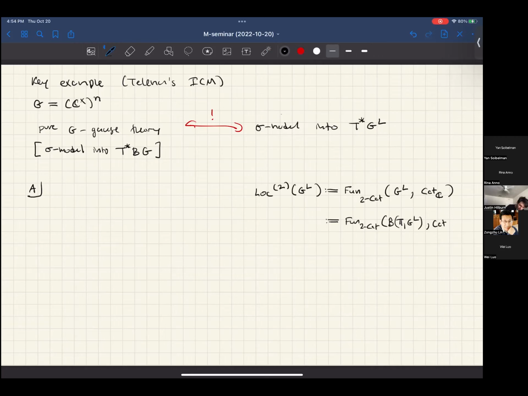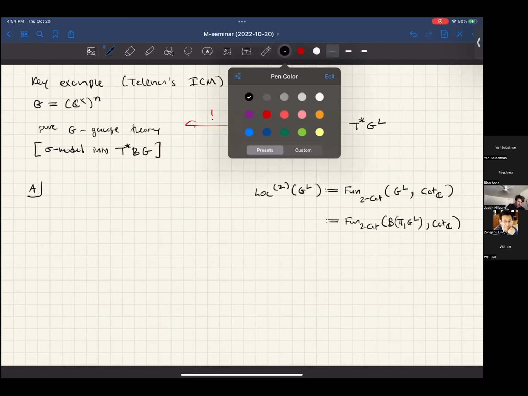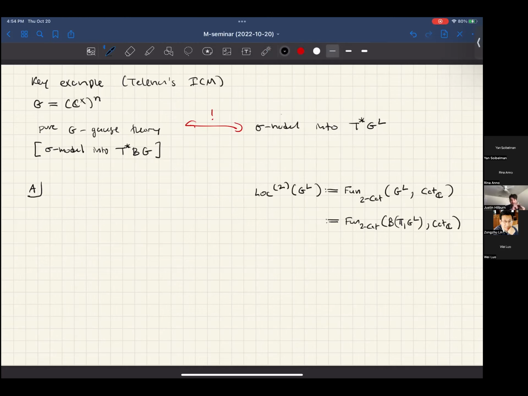And you can look at functors from that thing into C linear categories. When you think very hard about what this would be, this classifying space has a single point, and then basically one loop for each element of pi 1 of your torus.